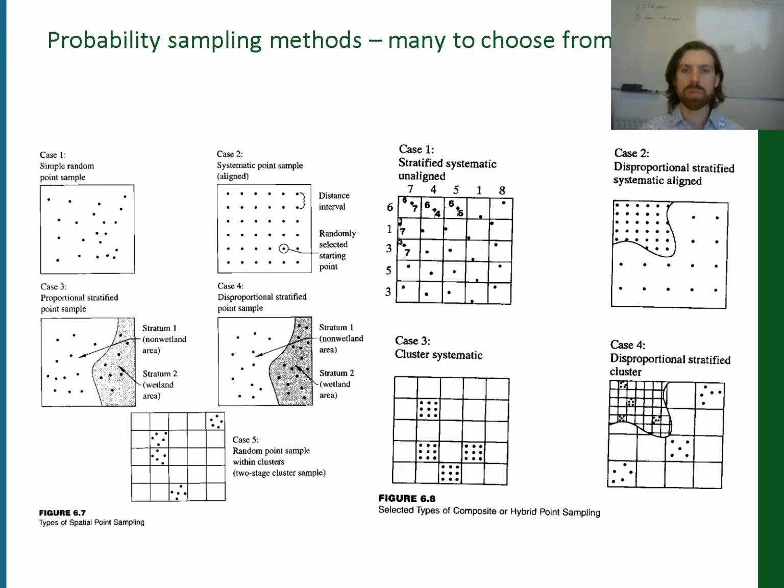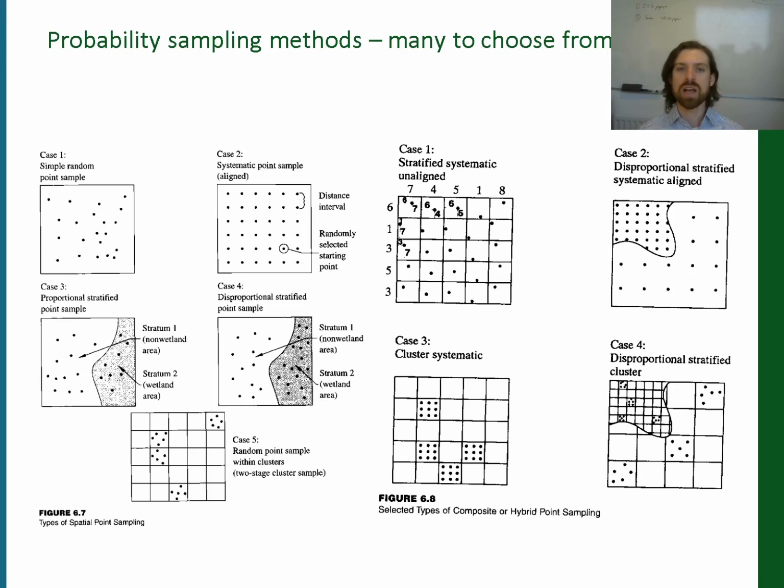Okay, so that's non-probability sampling. In terms of probability sampling, there are many, many different types of sampling options. So we could have a simple random sample just here. So you just randomly select points across space. So in R, you could call up a random number generator.